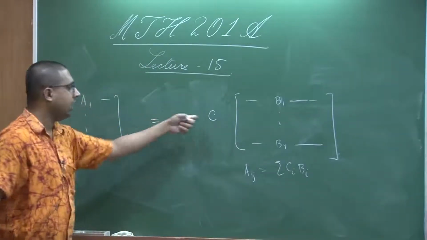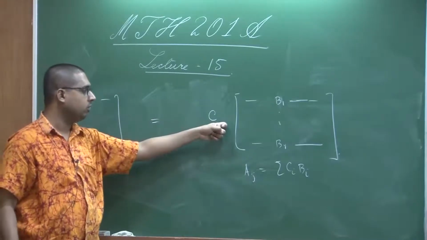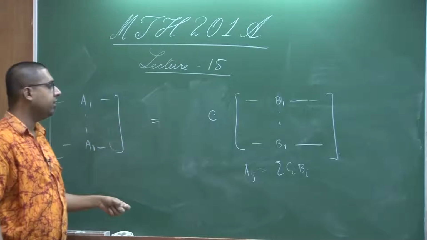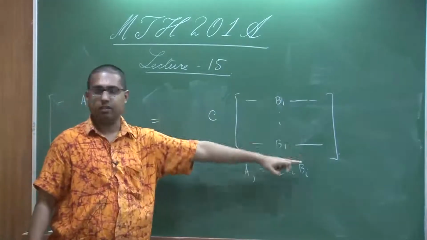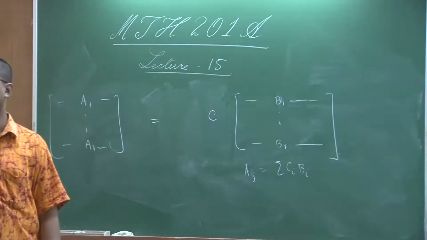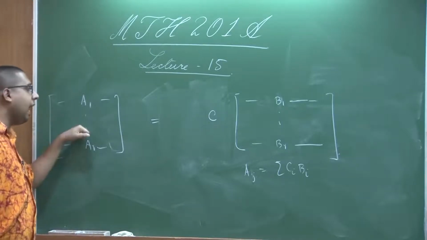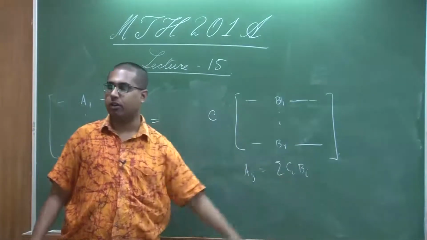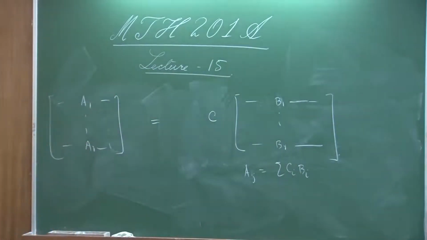I repeat, the entries in the ith row of C will be the coefficients when we express Ai as a linear combination of the Bj's.